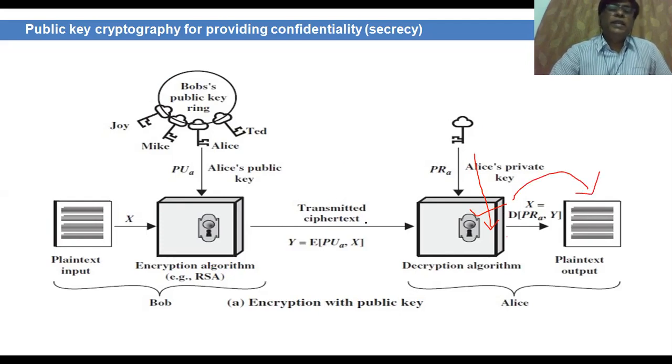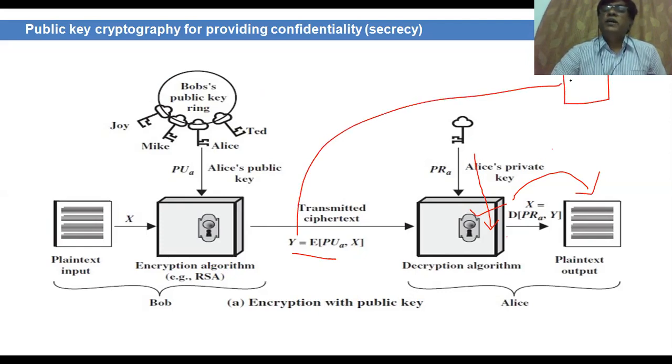So at the encryption side, Bob encrypts the message using Alice's public key. Since the message is encrypted using Alice's public key, it can be decrypted only by Alice with her private key. Suppose this ciphertext Y is received by some other person, John.